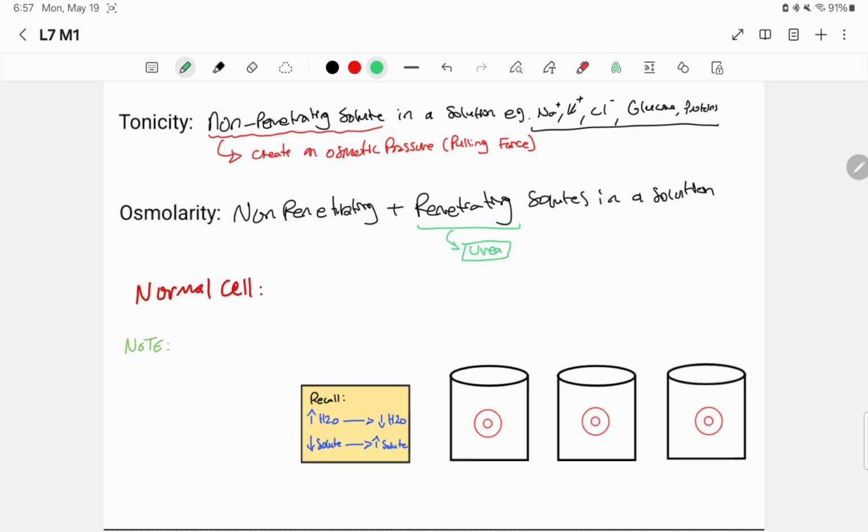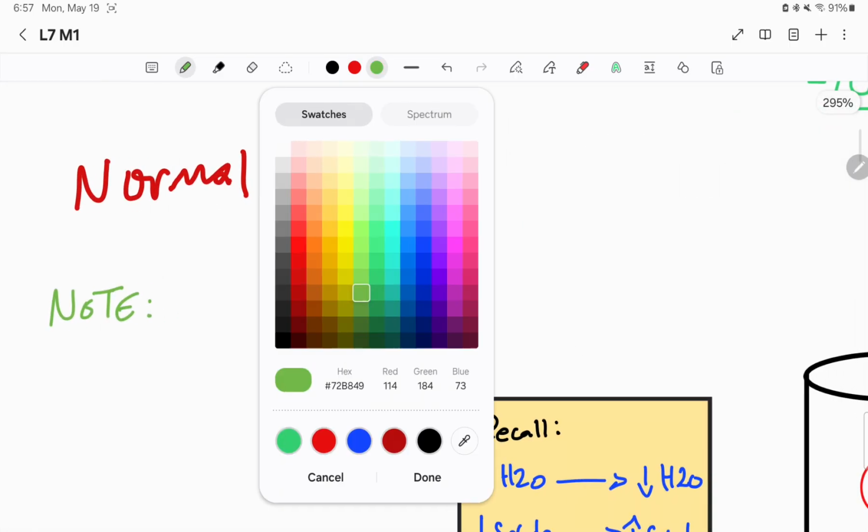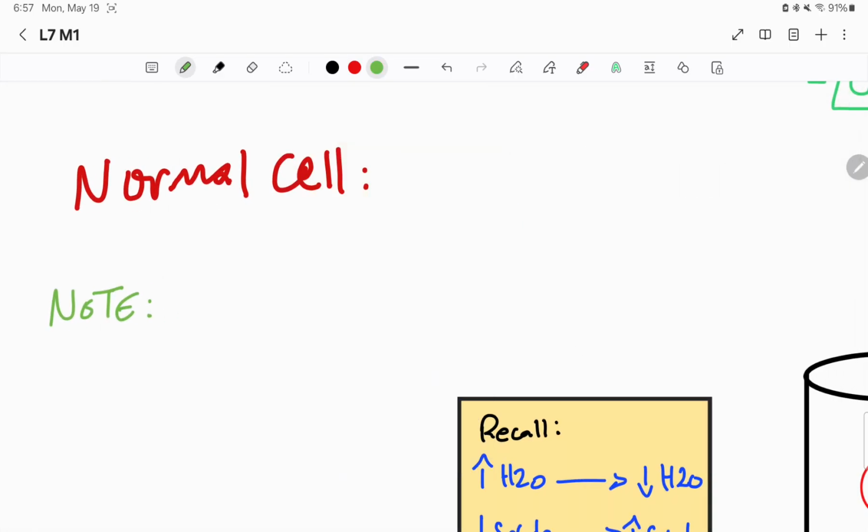Now, here's another important note. More often than not, anytime you see tonicity, unless explicitly told otherwise, it is explaining the environment surrounding the cell.